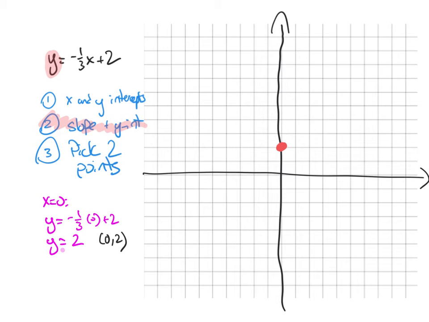Then we have to do the exact same thing, but set y equal to 0, and that's when this is going to get a little bit funky. We're going to get 0 equals minus 1/3 x plus 2.